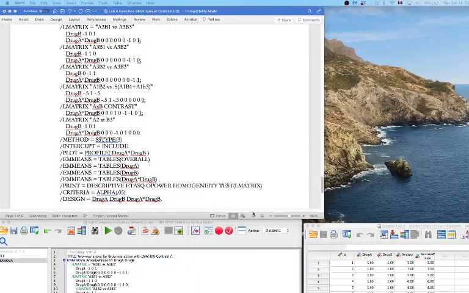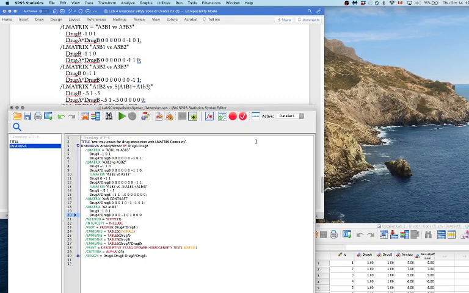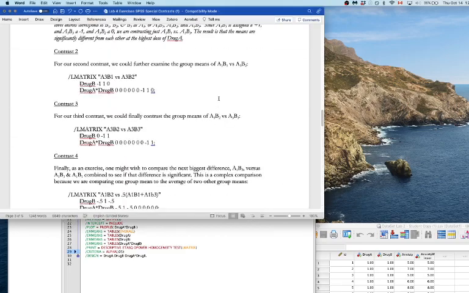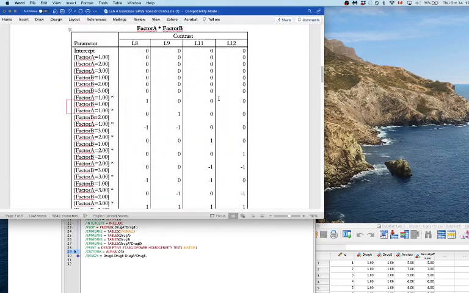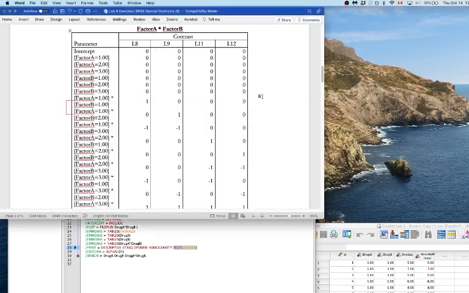And so I have the syntax right here, and you can see in print, this is what I talked about at the beginning, that test L matrix. This is what gets you the table early on, this one. That statement here is what gives you this table so that you know the order.